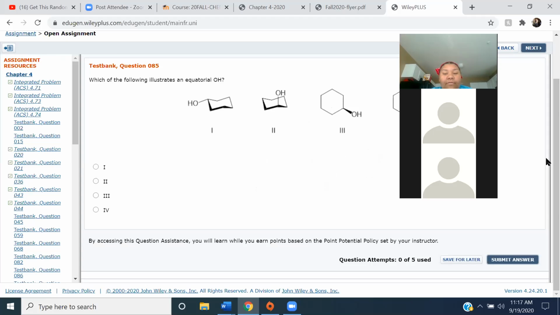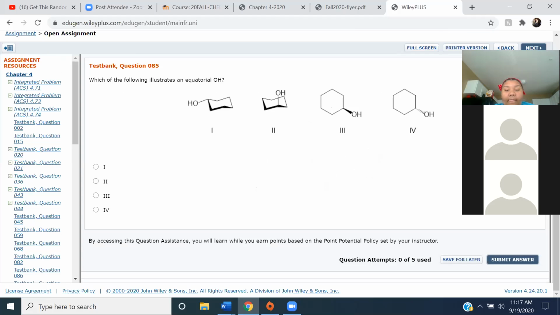Let's see. Which of the following illustrates an equatorial OH? Equatorial means that it comes off of the structure, like pushing forward like the dark one, or pushing back like this one.